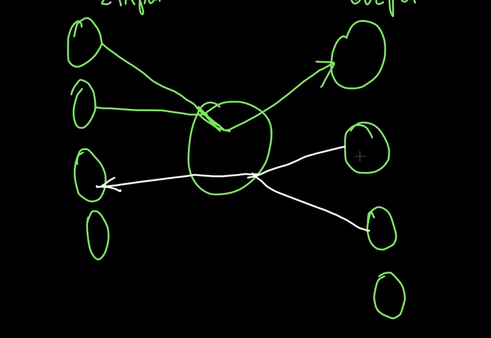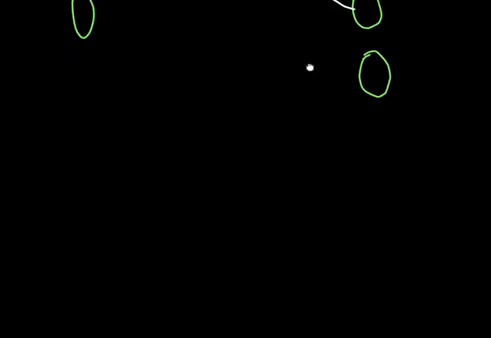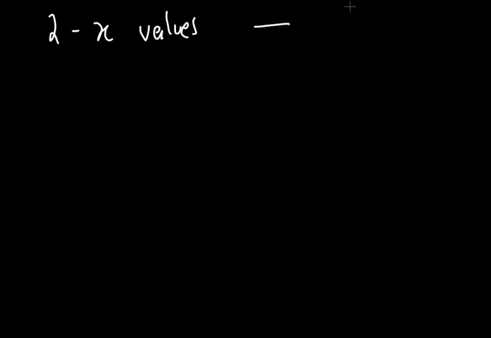You see, there are those types of situations, and that's where we find the difference between a function and a relation. To make it simple and easy, you must know that if you have 2 x values mapped to 1 y value, then this is a function.